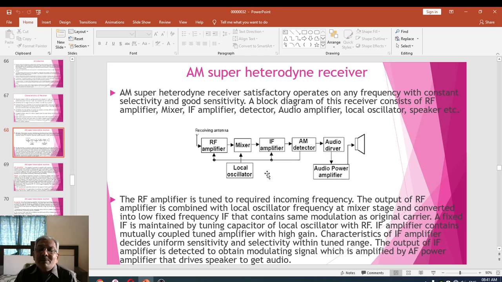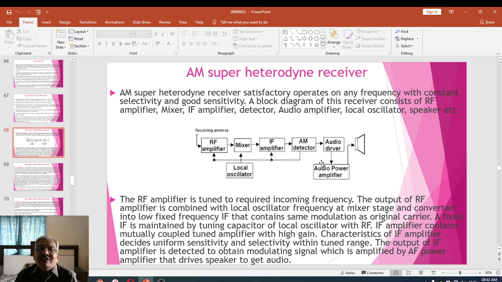The local oscillator might be a Hartley oscillator or a Colpitts oscillator, or it might be a crystal oscillator that generates the frequency in the radio frequency range. The signal here is connected to the IF amplifier and RF amplifier just to control the gain of both amplifier circuits.